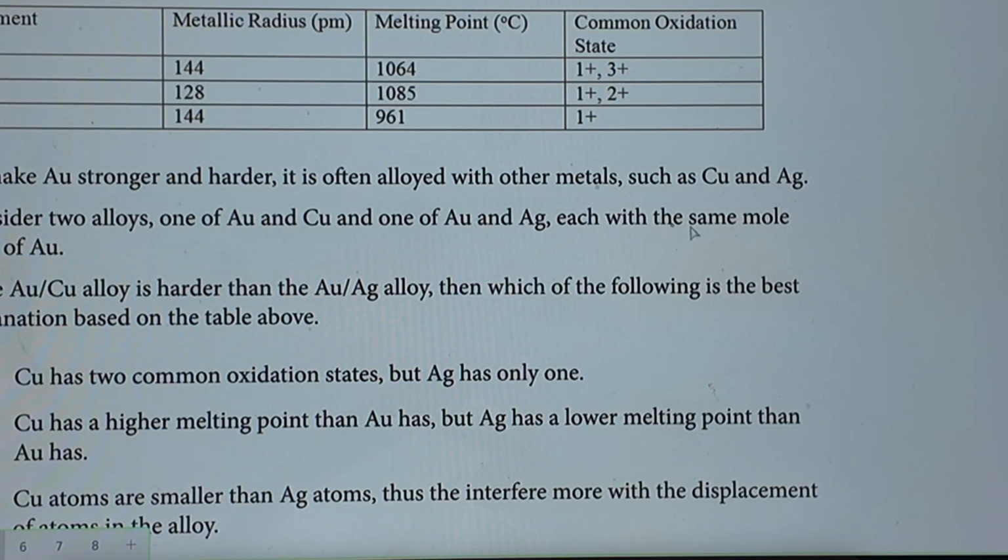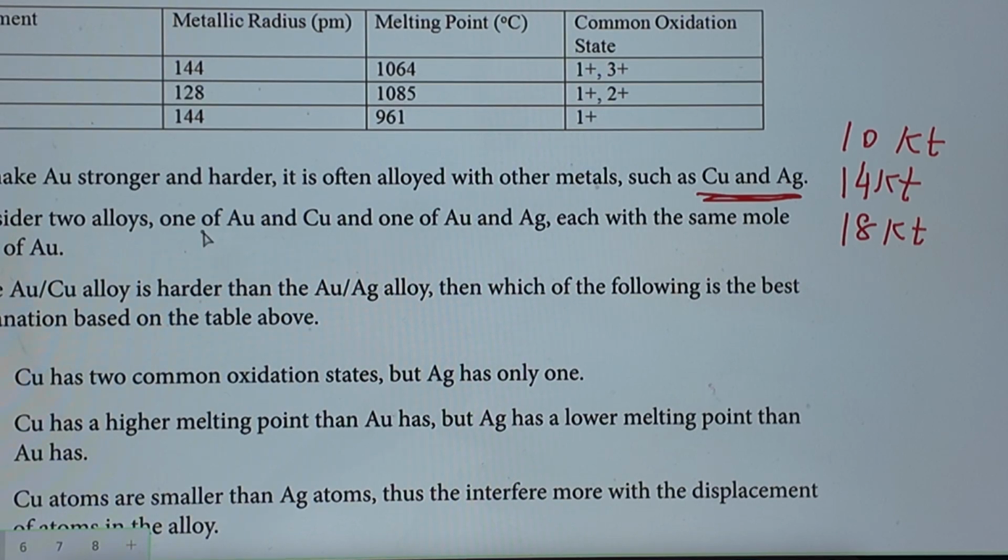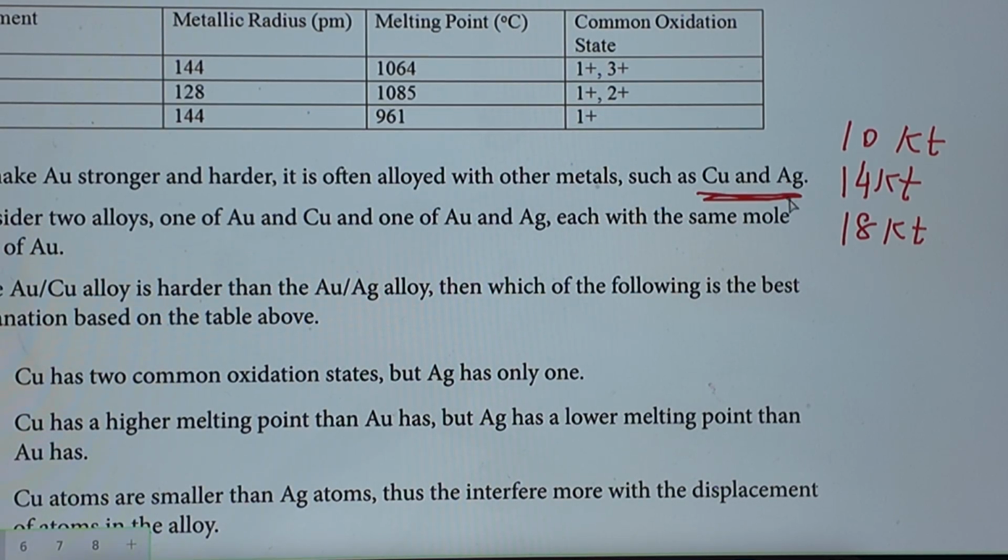A lot of times your options are like 14 carat, or 18 carat, or what's the other one? 10 carat, right? They're mixed in with copper and silver, because those are also a lot cheaper. But they also make it stronger and harder, right? Because gold is not very strong.